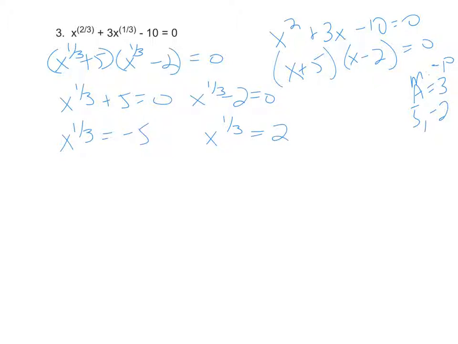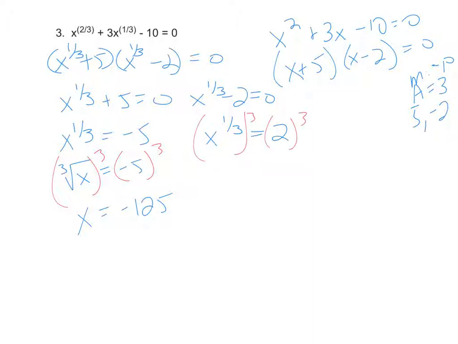So remember that this is very similar to having the cubed root of x equals negative 5. To undo the cubed root, I need to cube both sides. And so I get x equals negative 125. And here I'm going to do the same thing. I'll just do that, and I get x equals 8.